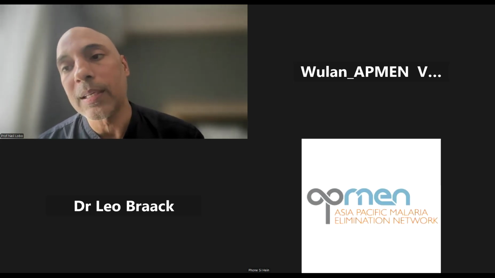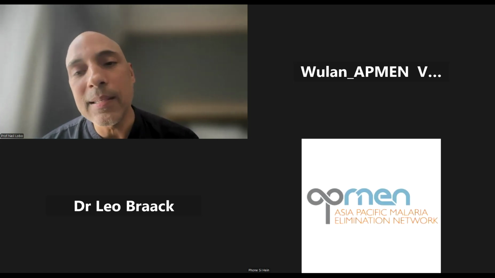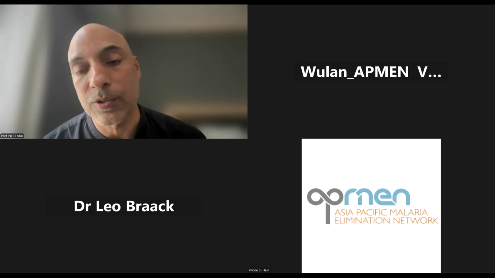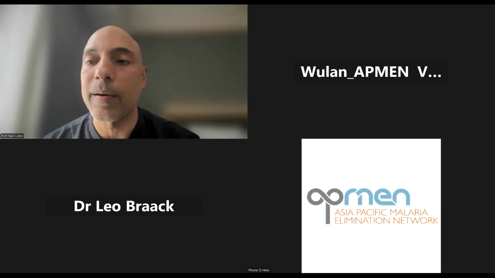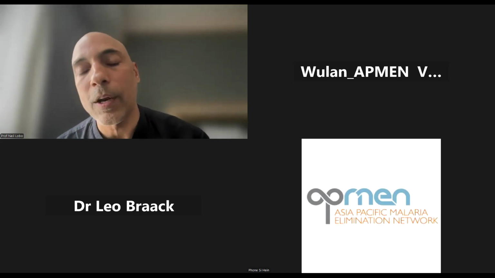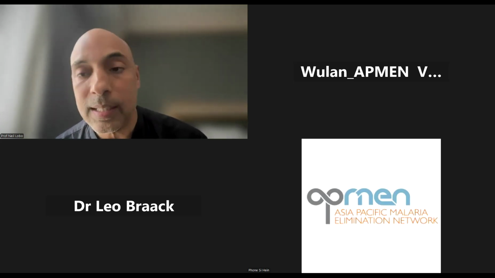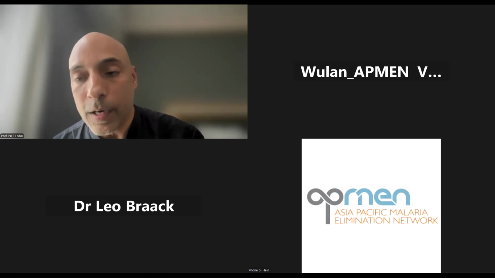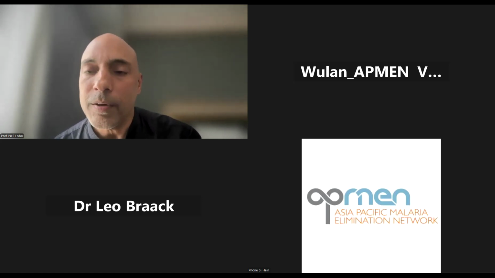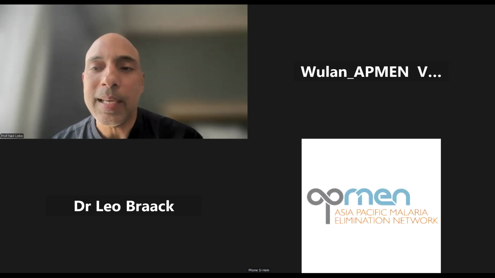Because at that point in time, when you're close to elimination, it's easier to find a malaria case than to find all the mosquitoes transmitting malaria, to find that infected mosquito. Because you can have a lot of mosquitoes in an area and no malaria. You can have a lot of anopheles and no malaria, as we see in the US, for example. There are lots of anopheles, but no malaria. So in this situation, very, very few of them are infected with malaria.